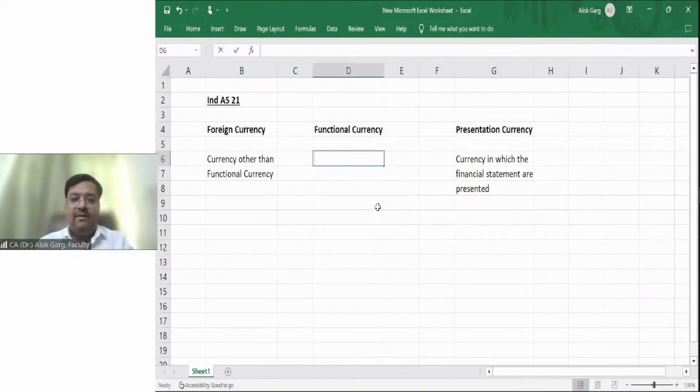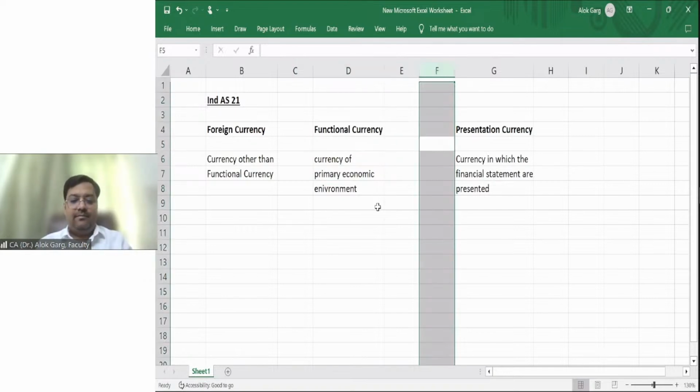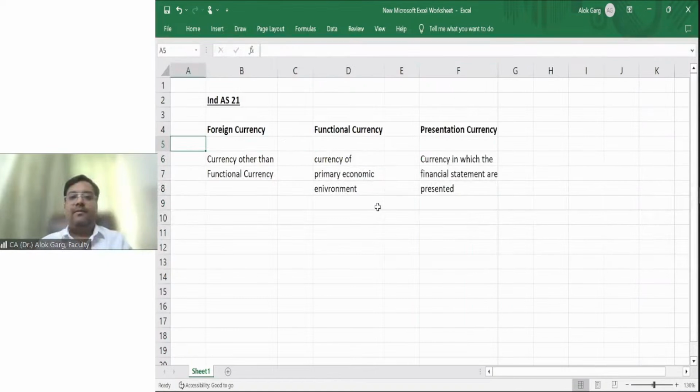Functional currency is a currency of the primary economic environment. Foreign currency is all currencies other than functional currency.